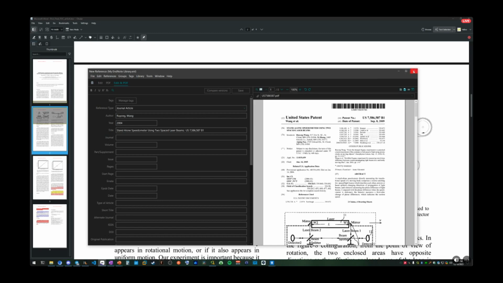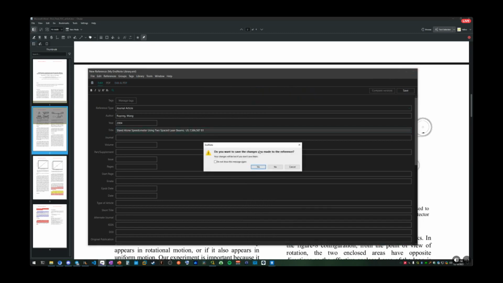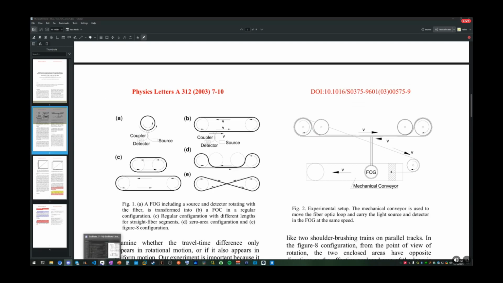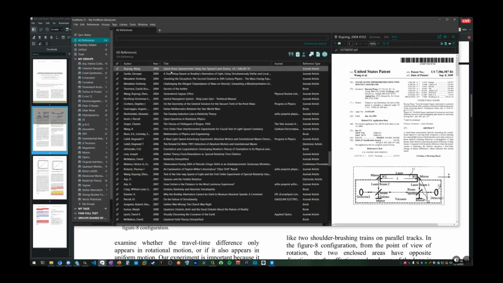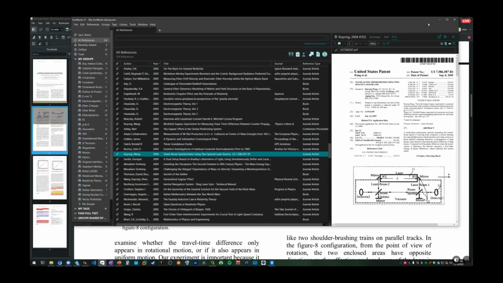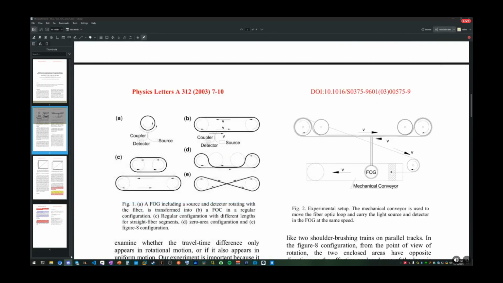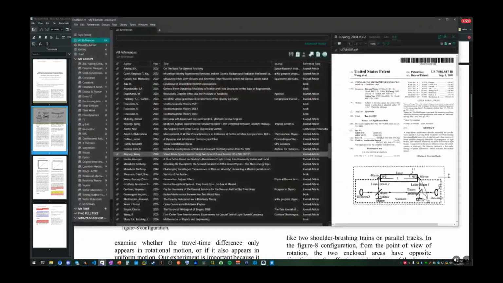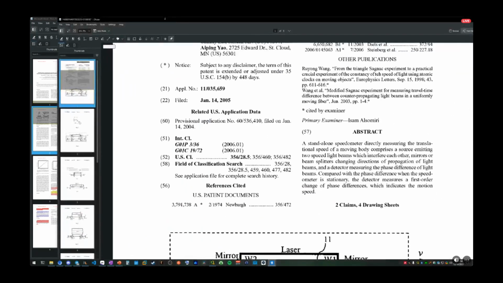That's the claim. So when Ruyong Wang did these experiments in 2004, he specifically induced a linear motion of these fiber optic cables that the light is propagating through, and the purely linear motion changes the fringe shift, the measurement of the speed of that light going through the fiber.